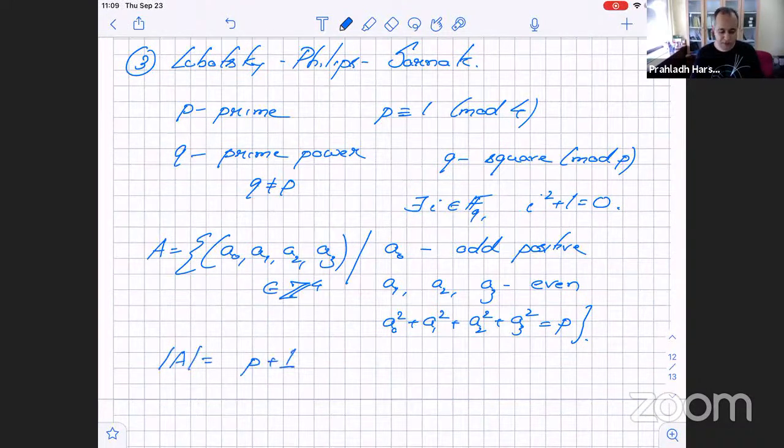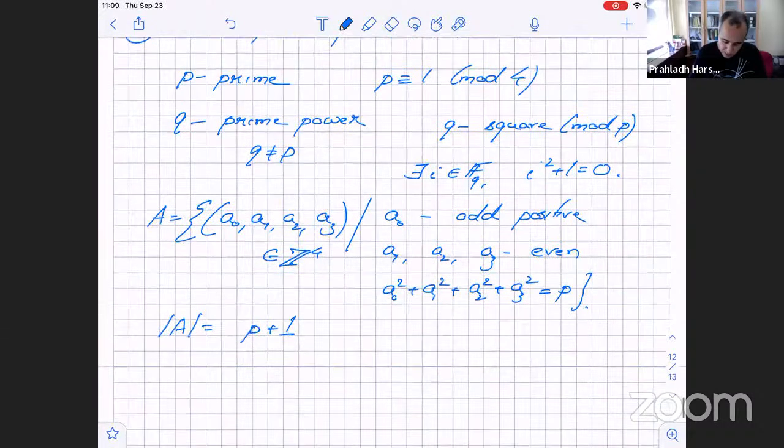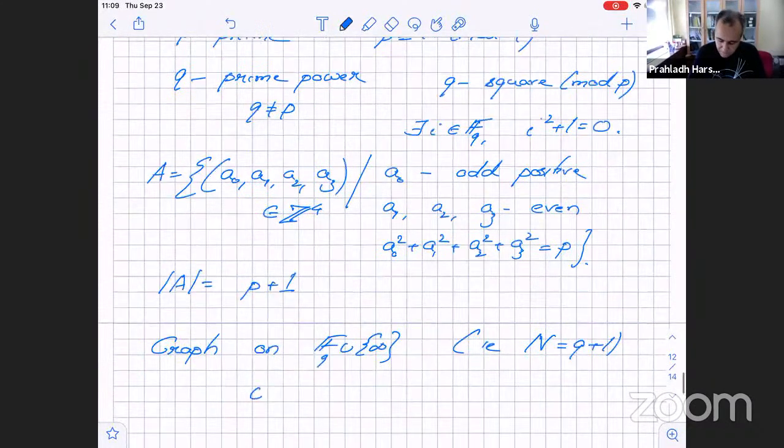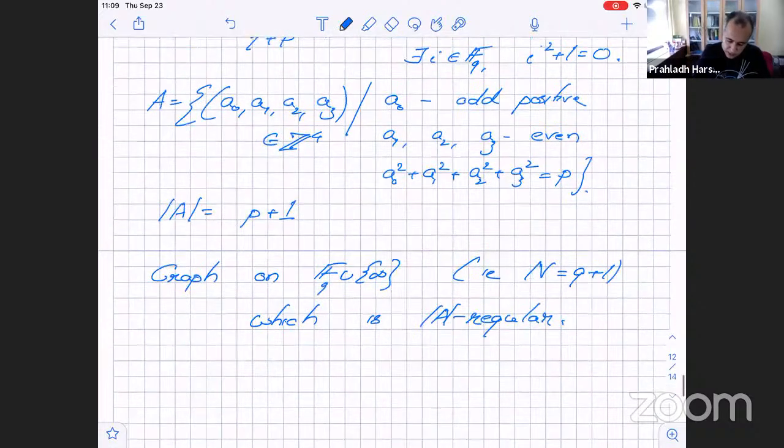Now, what we will do is we will define a graph on FQ union infinity. That is the vertex set, so the number of vertices N is Q plus 1, and the graph is P plus 1 regular. And what's the neighborhood?